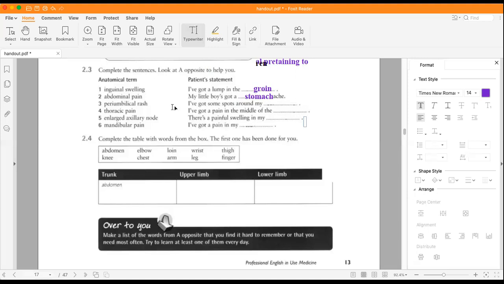Number three, pre-umbilical rash. As we have taken in the last lecture, what is the meaning of the prefix pre? The prefix pre means around.